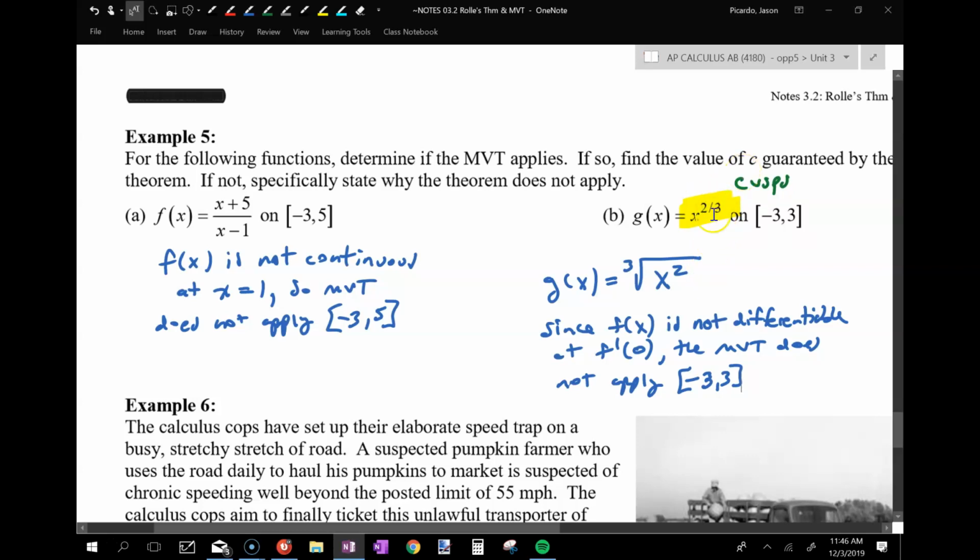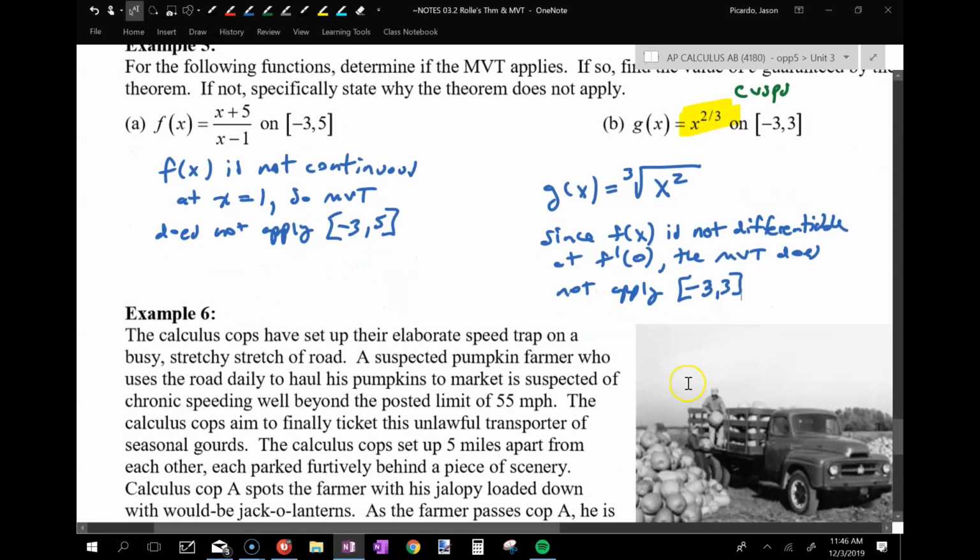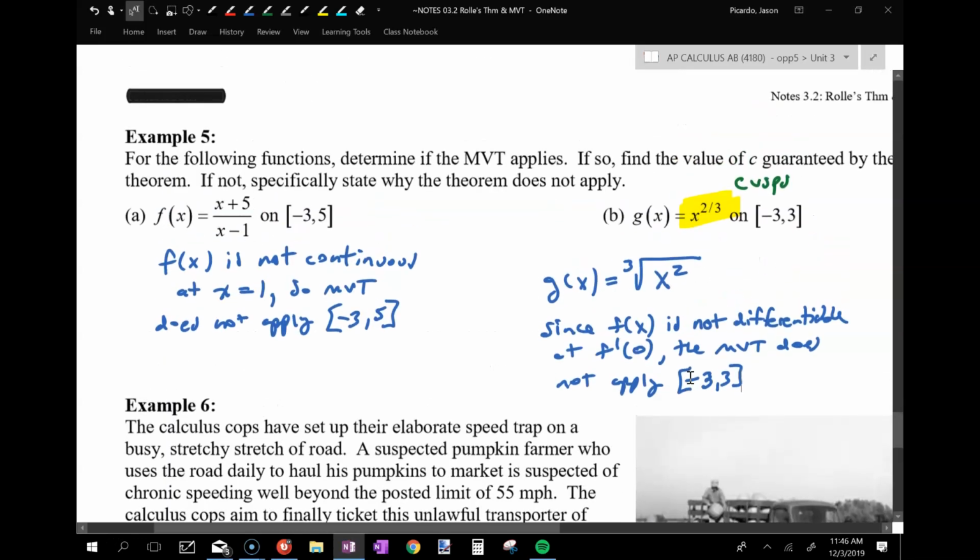And we'll keep hammering this as we look at the review stuff because these are little tricks that they're going to throw in there. Then you would know where the cusp occurs, right? Always, they're going to give you hints like that.